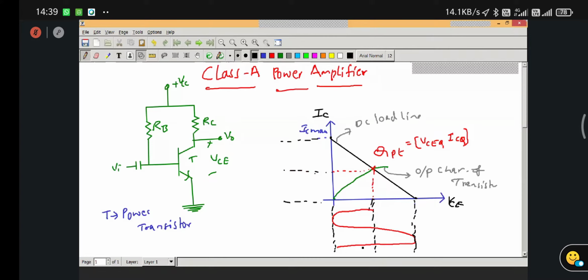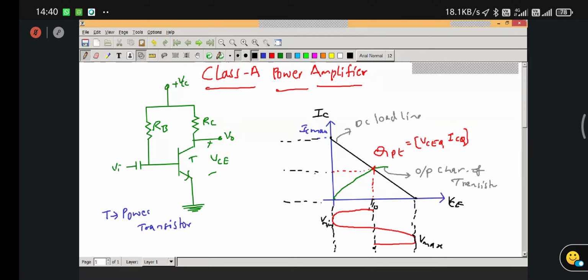Of course, it's not looking like a sine waveform, but treat it like a sine waveform. This is 0 volts, and this is the minimum voltage. And you know that for a sine waveform we have the minimum voltage, maximum voltage, and peak to peak voltage, right?